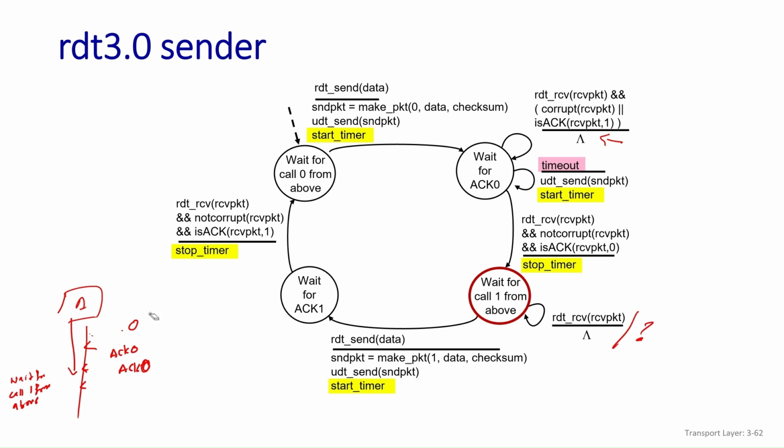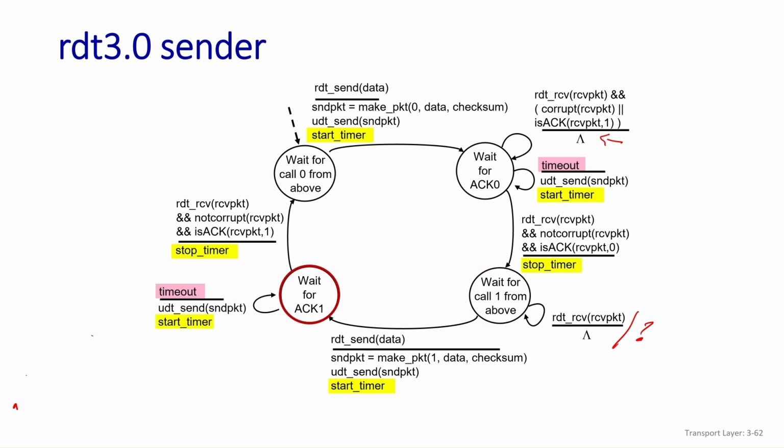Okay. So similarly, exceptional events, or the events to handle exceptions, will be there for wait for ACK one, right? So if a timeout event occurs while we are waiting for acknowledgement, we will send packet one again and start the timer, right?